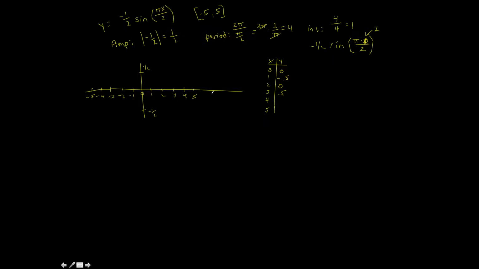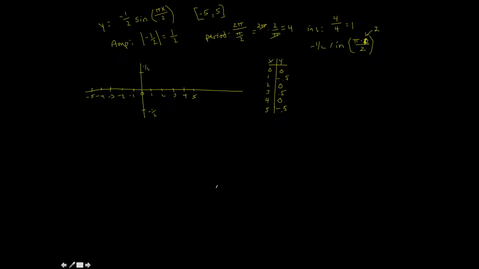When we plug 4 in, it's going to be 0. Okay. Now notice we've started over. This is our one period right here. This is officially the whole cycle. So now we've started over. So you can determine that the next one is going to be 0.5, right? Because we've started over our period.